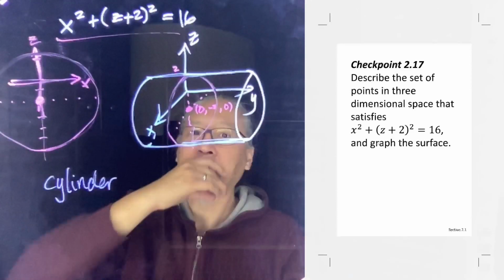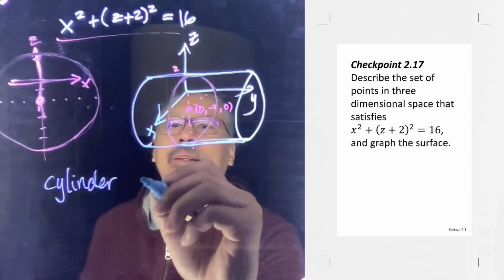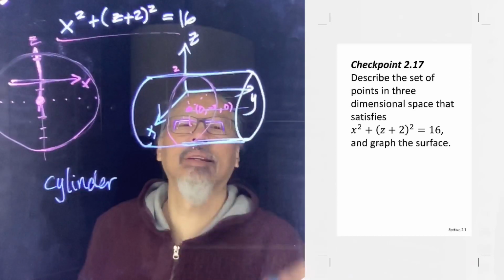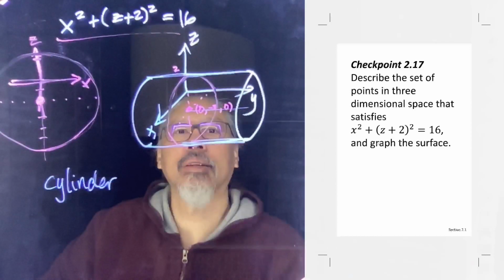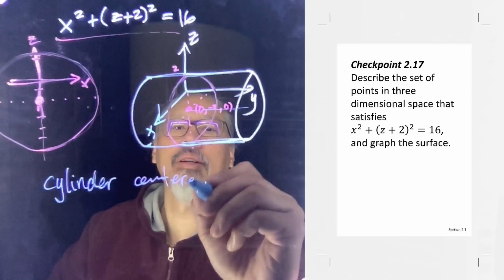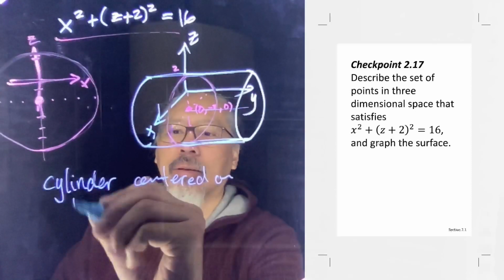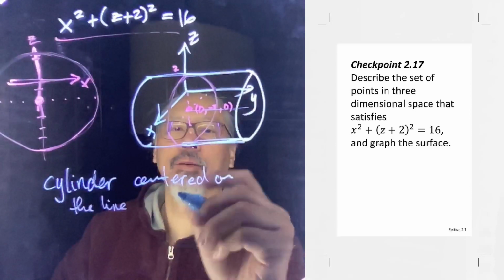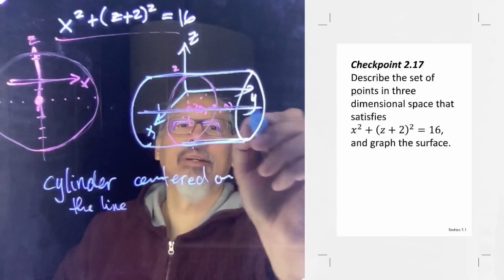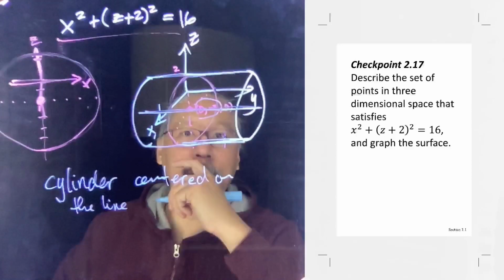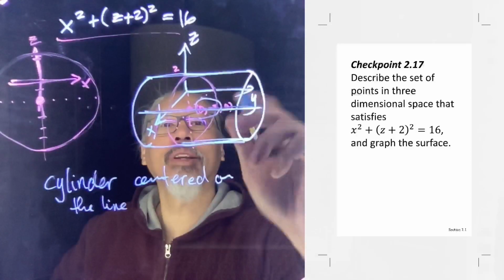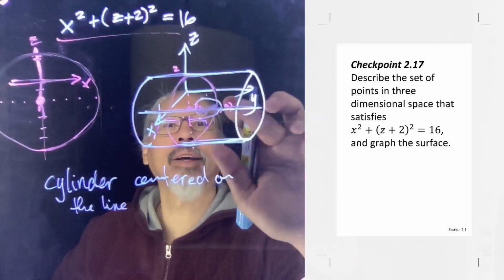And the center is going along the axis. We can kind of describe this as a line going along the y-axis, centered on the line. Well, we can describe this line in a variety of ways, but the best way to describe the line is by the xz points that we have. I think I wrote my point incorrectly here. Let's make that correction.